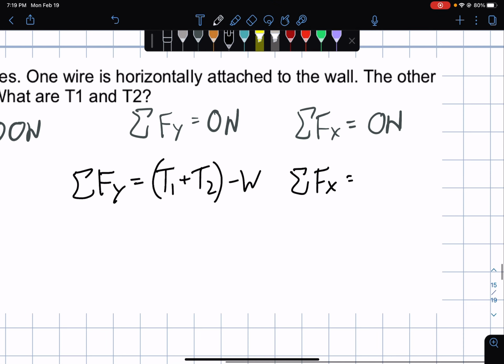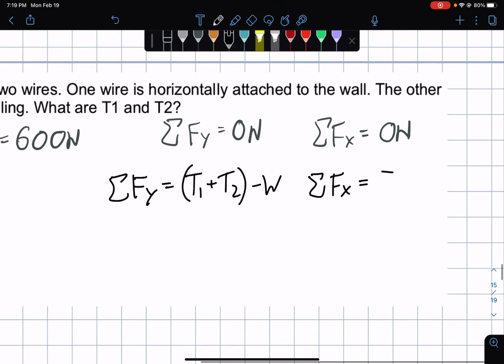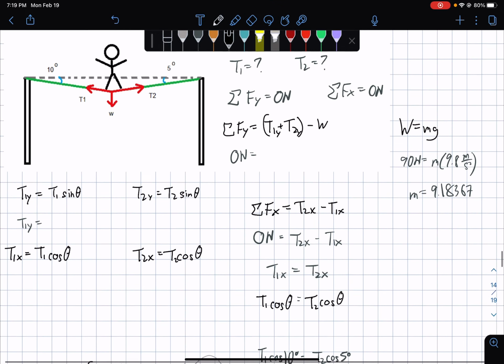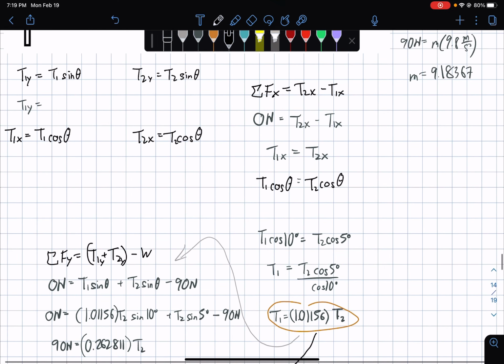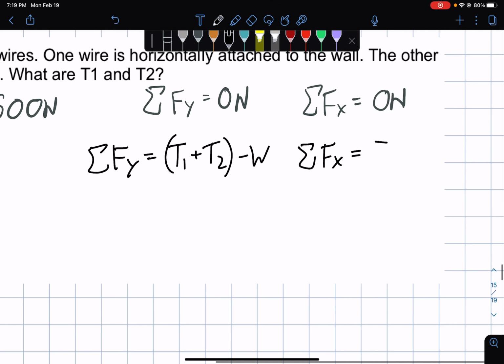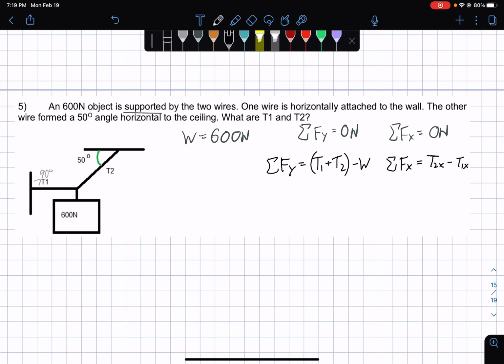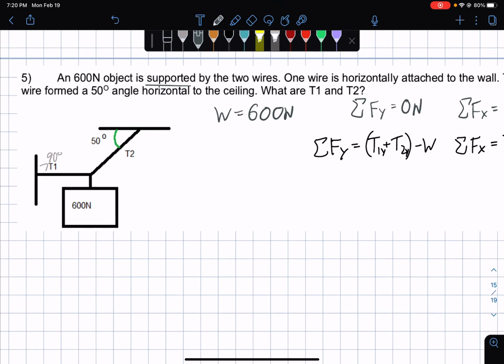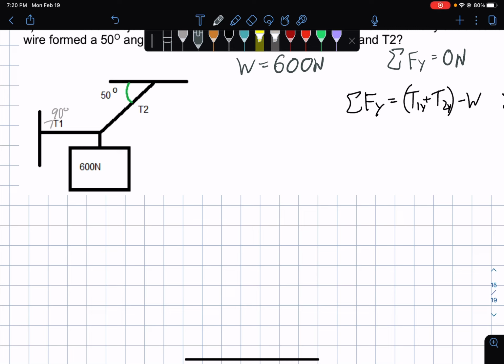I hope you remember this. Summation Fx is equal to... forgot. T2x minus T1x. Okay, it's best to do this in this kind of scenario.